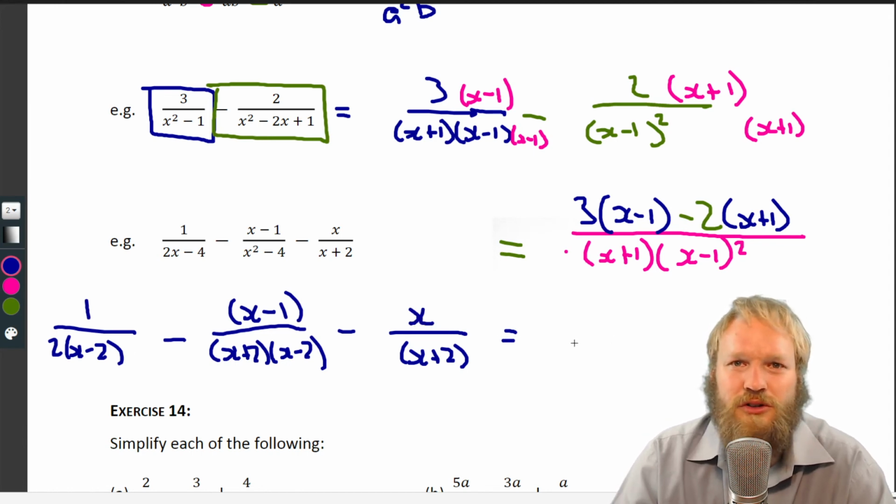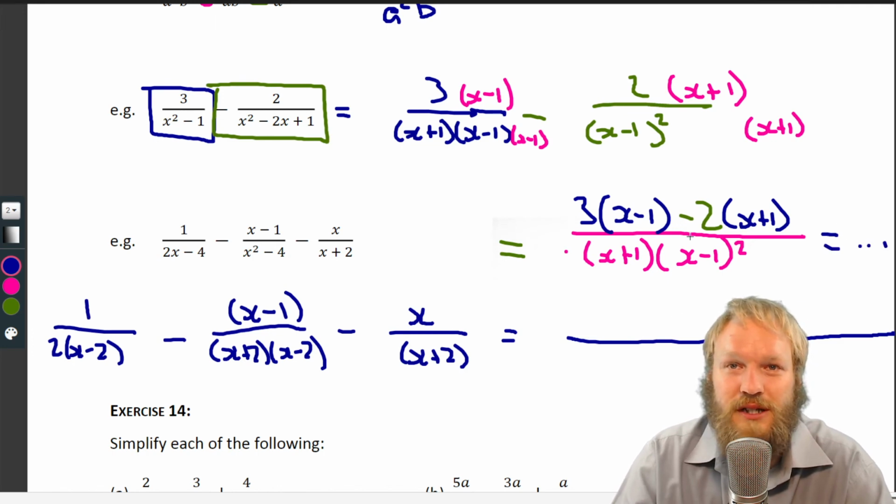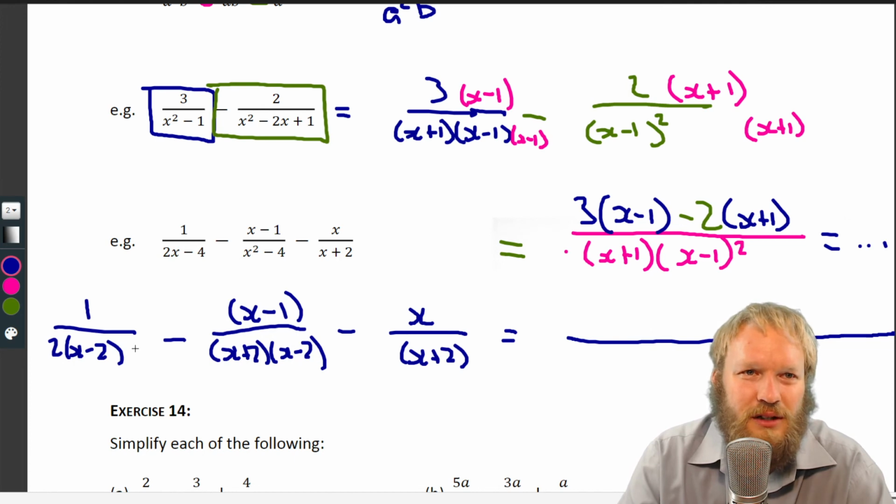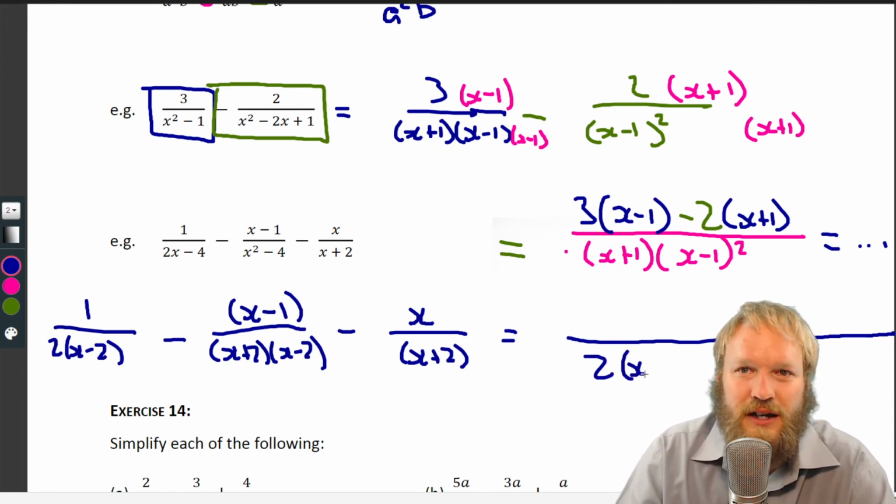Okay, so now when we do our LCD, I'm just going to put an equals because you must keep going with that one. Okay, so now we look at our LCD and we go, well, we need to have a 2, x minus 2, x plus 2, x plus 2 we already got.